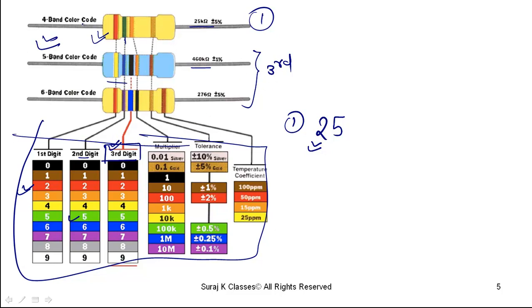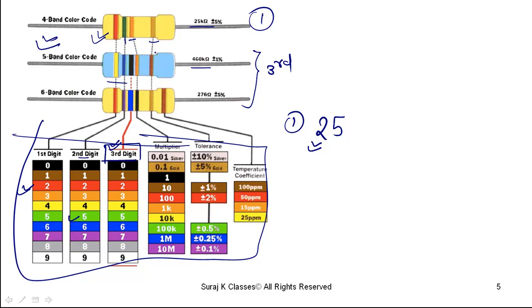So now for the 4-band color code, I am not going to refer to this third digit. The last 2 color bands are given, one for tolerance and one for multiplier.